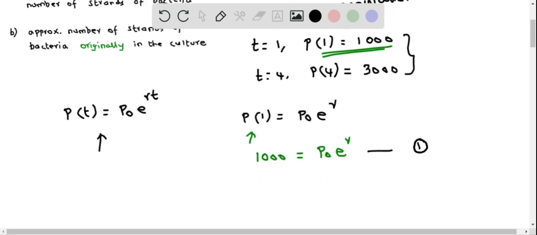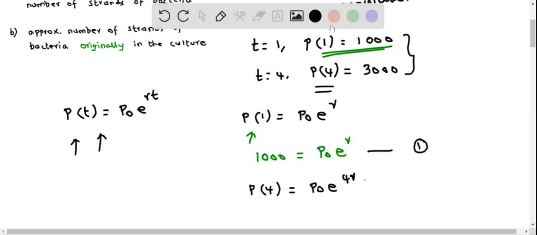Now using the second piece of information, that is P of 4 equals 3000, which means when we plug in t equals 4 into this model, we get P of 4. Therefore P of 4 equals P naught e raised to the power of R times t. T is 4 here, so R times 4 is 4R.